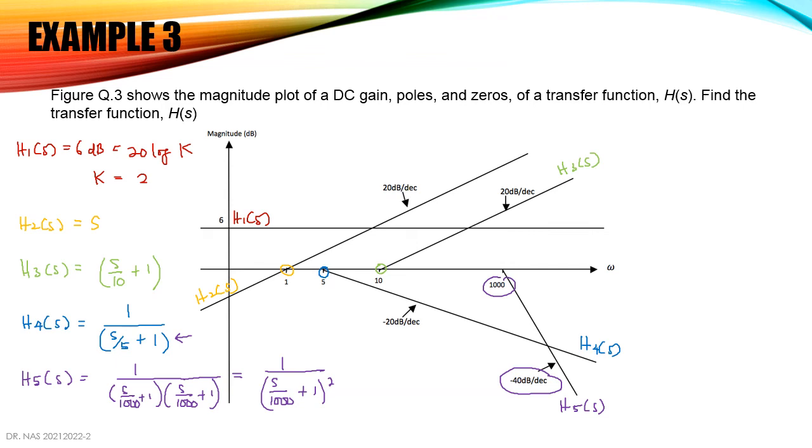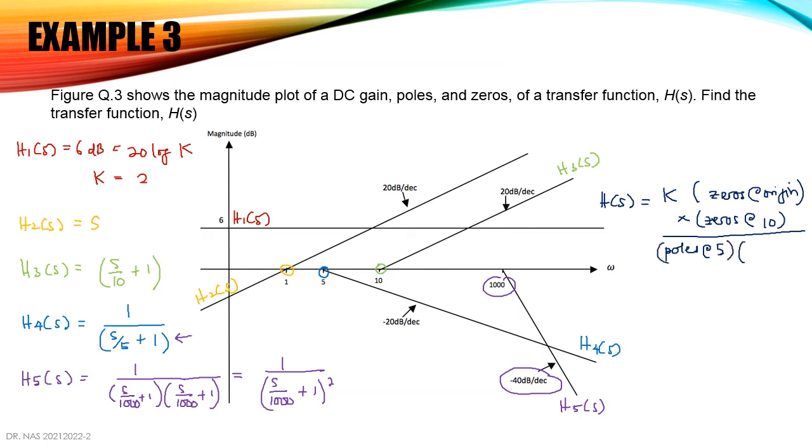So in this case, H(s) equal to the constant K multiplied with zeros at origin, and then also multiplied with zeros at 10, divided by poles at 5, and you also have poles at 1000, to the power of 2.